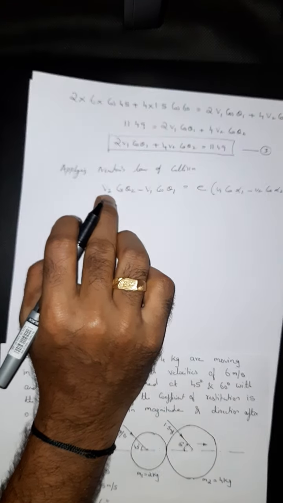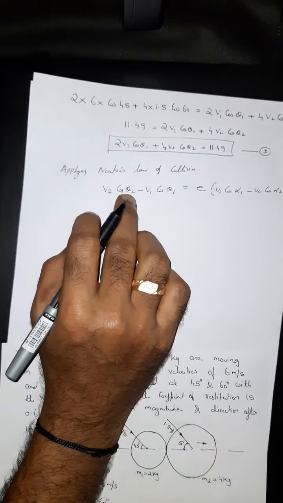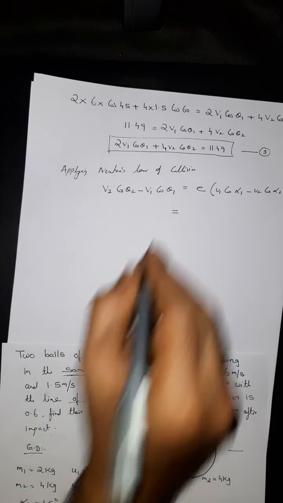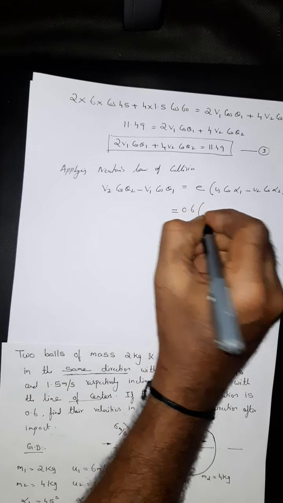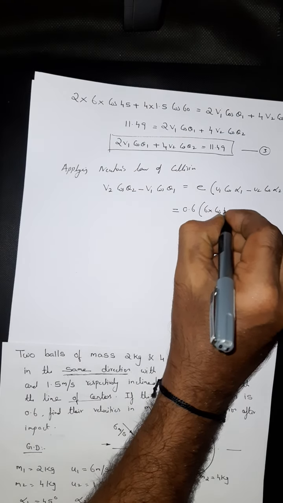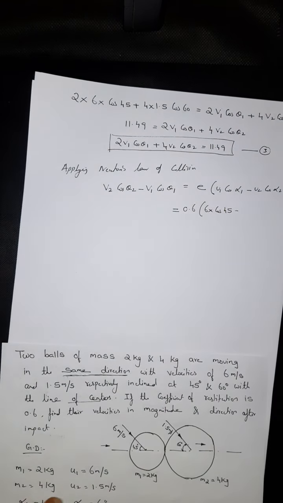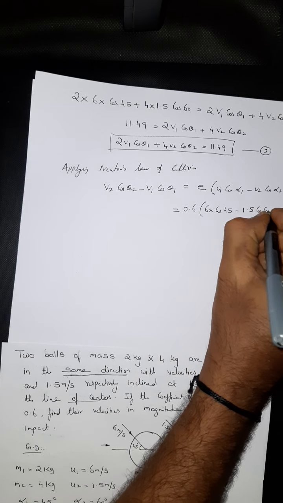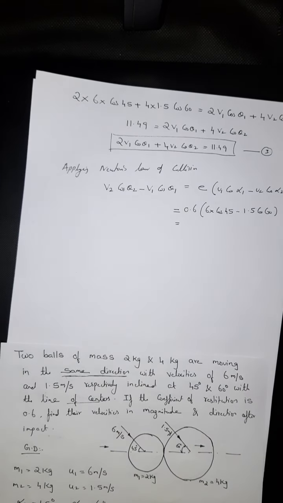The v2 value we don't know, and theta 2 is also unknown. E is 0.6, u1 is 6, alpha 1 is 45, u2 is 1.5, and alpha 2 is 60.